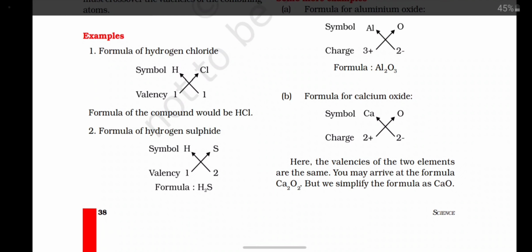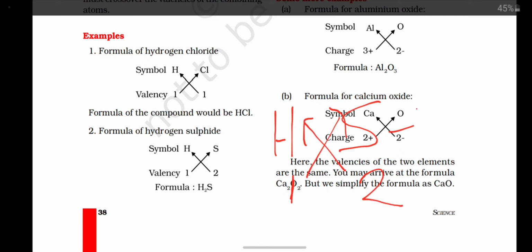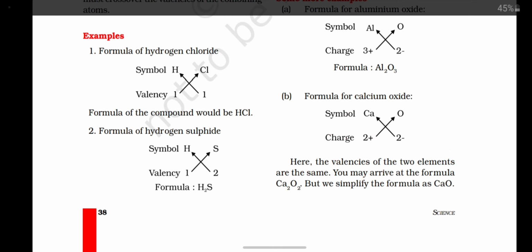Suppose in the case of hydrogen sulfide, hydrogen is written and its valence is 1, sulfide is written and its valence is 2. If we crisscross this valency, the compound formed will be H2S, because its valence comes to the subscript. You can write it like this also: hydrogen H1 plus and sulfide S2 minus.